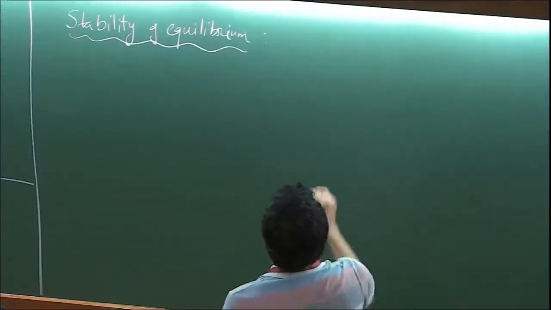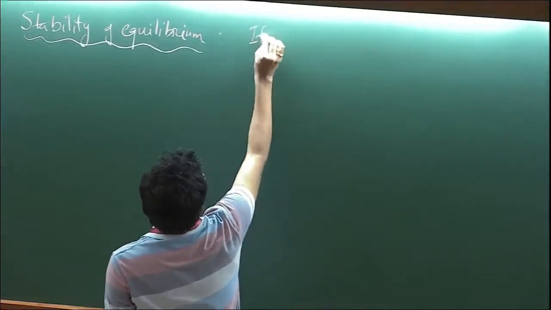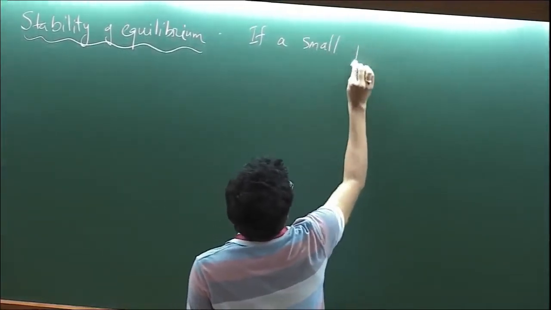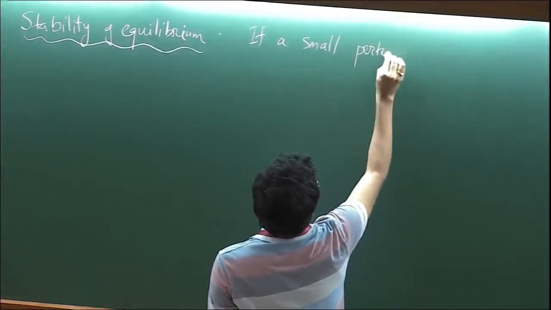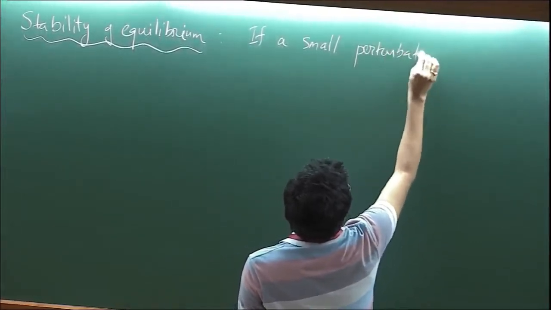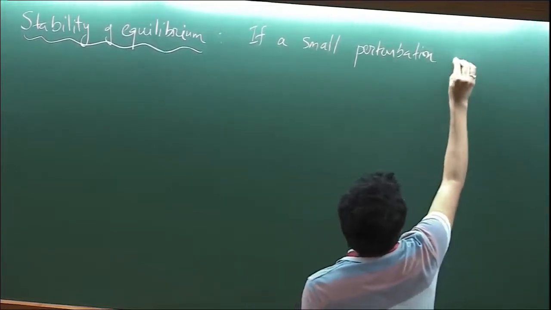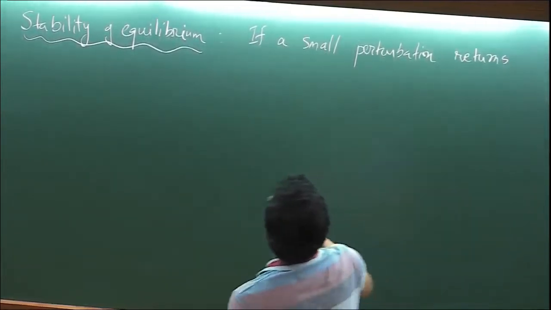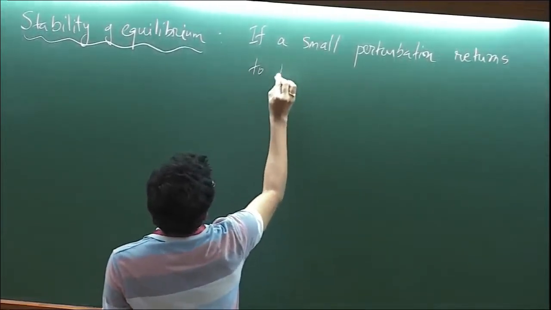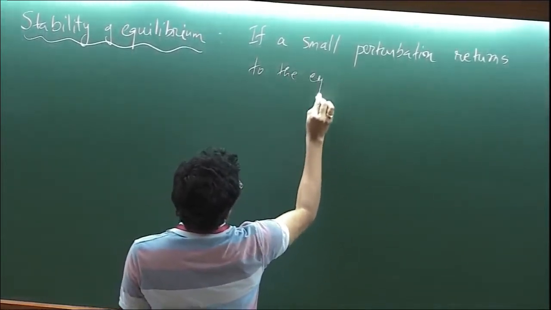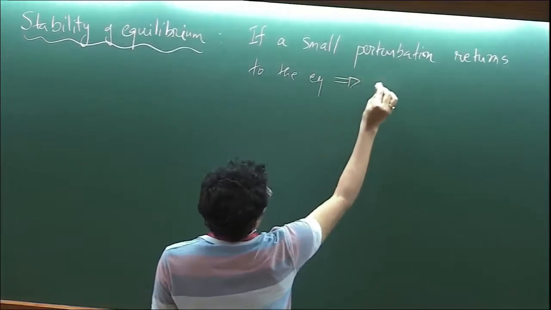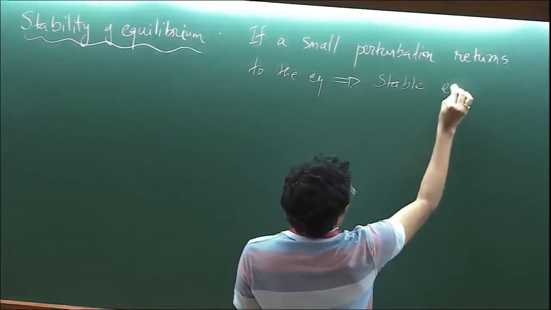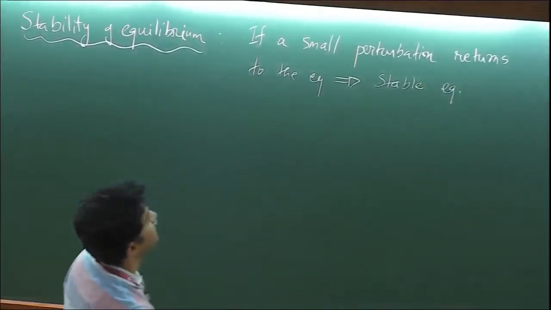Okay, so if a small perturbation returns to the equilibrium, we call that a stable equilibrium.